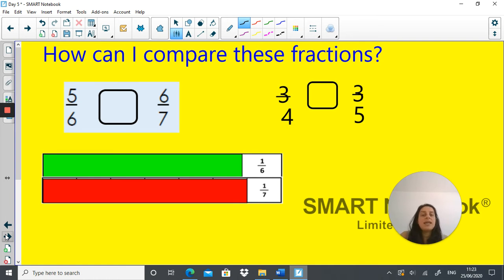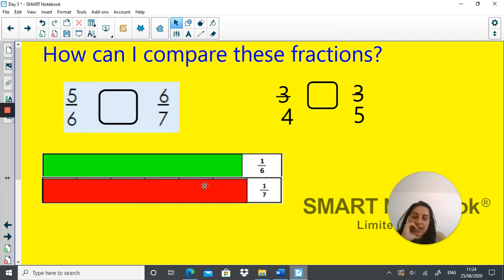So how can I compare these fractions? Comparing 5/6 and 6/7 and 3/4 and 3/5. So let's start with 5. How would you compare 5/6 and 6/7? You have the diagram here below to help you to answer this question. And you can see, can't you, that this represents 1/6, which means that this must represent 5/6.